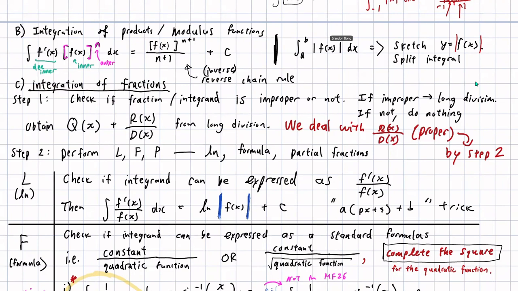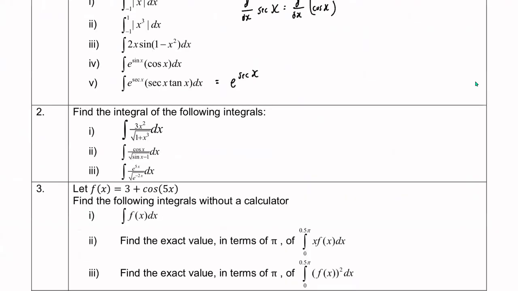Okay, let's see how to apply it. I explained it last lesson with the 3 part 1 already, so just a recap of what's going on. Here, you can rewrite this as 3x squared multiplied by 1 over square root of 1 plus x cubed dx. But you need to know your exponents very well. Square root means power half.